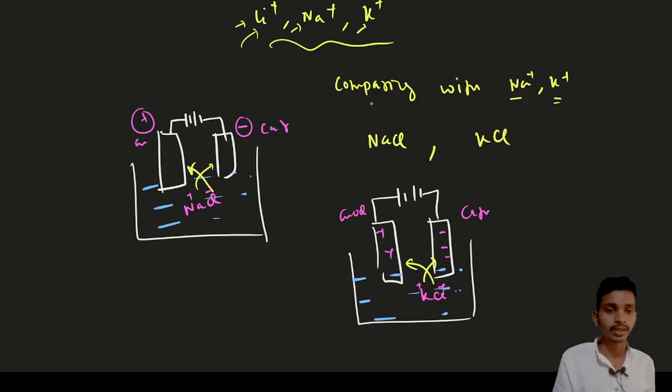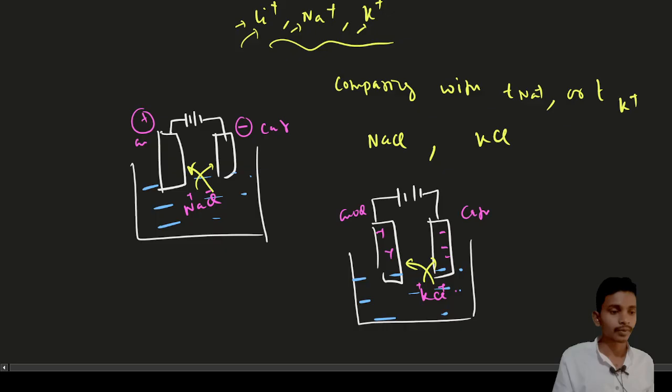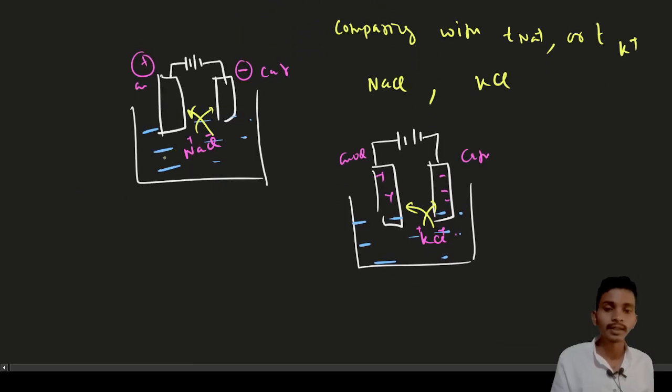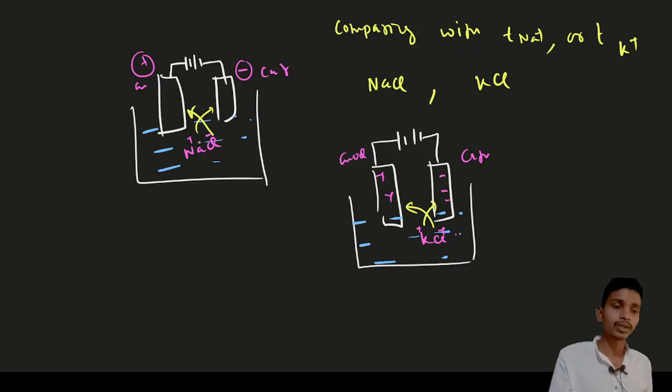Now the question is, I am comparing the transport number of Na+ and K+. Is the transport number of Na+ high or the transport number of K+ high? So the NaCl will move, and whose speed is high? That is the first question.